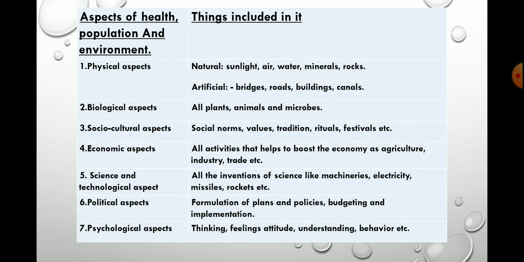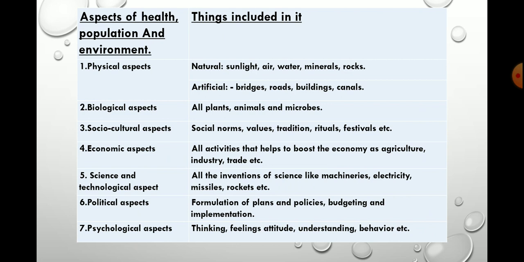This is the most important thing you have to remember over here: the aspects of health, population and environment and the things included in them. There are 7 aspects of health, population and environment, and these are the things included in them. Pause the video right now and go on reading these things. This is very important for multiple choice questions.